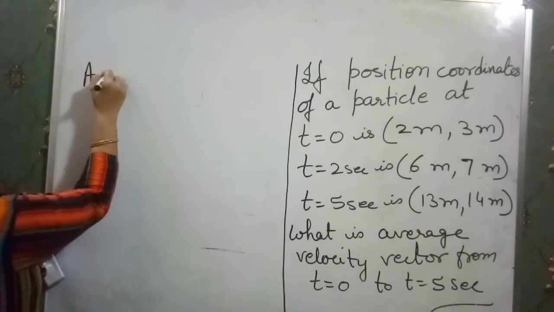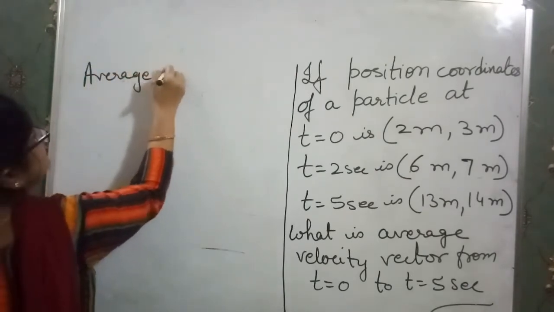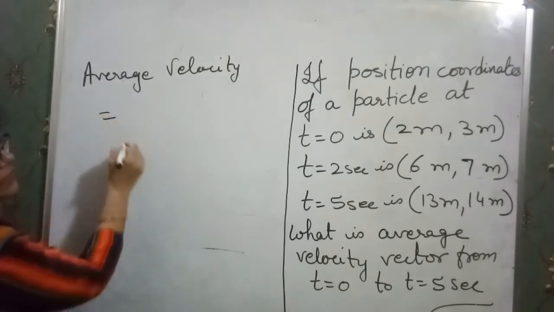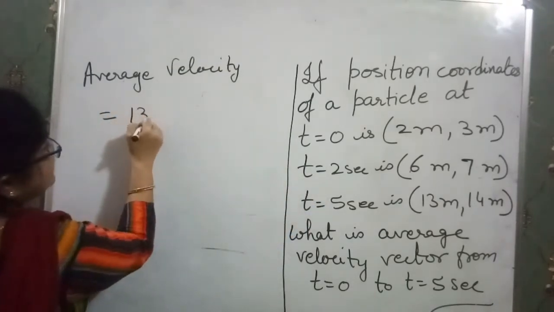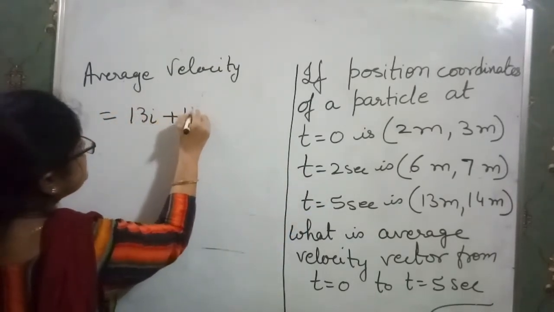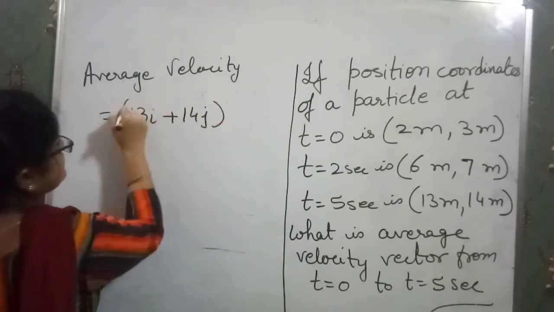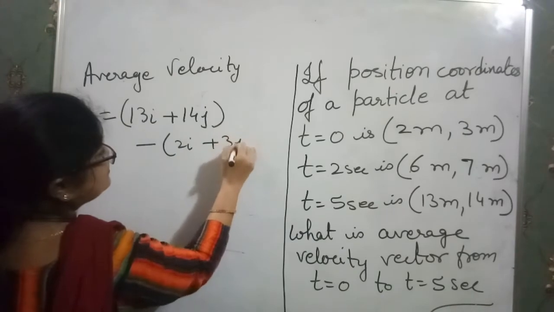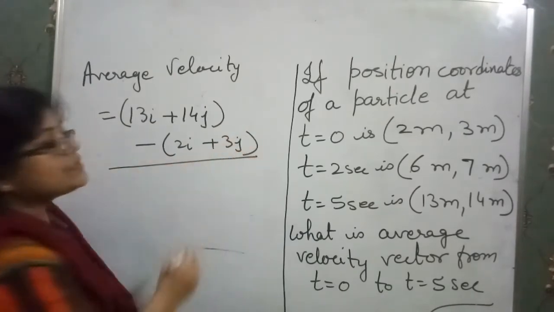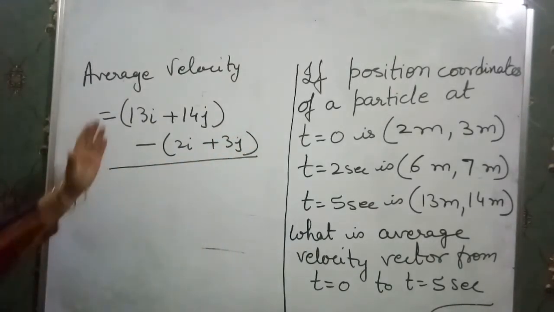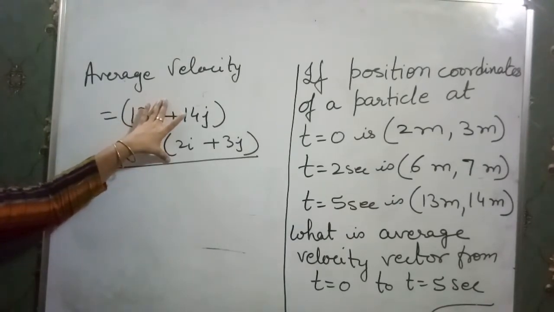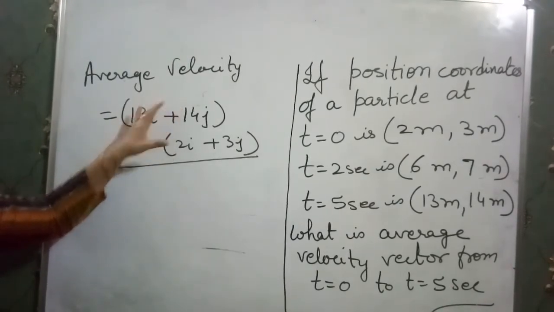So the average velocity vector is equal to 13i plus 14j minus 2i plus 3j. And we know velocity means change in position over time. This is the change in position, that means displacement over time.